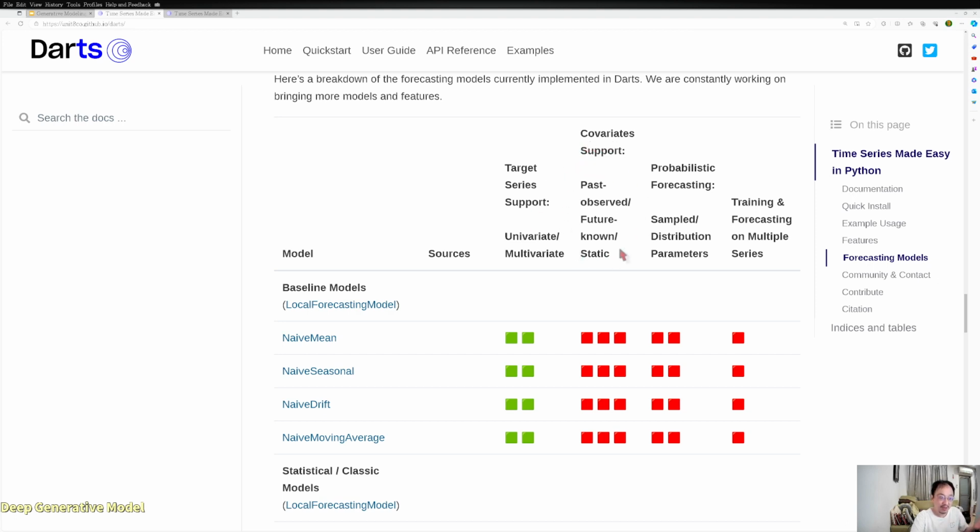Because if you don't know these kinds of things, all you know is input and output, and maybe the only time series you can imagine is the univariate time series. And when people talk about these kinds of things, you have no idea what they are talking about. So I think this one serves as a really good example of some possible considerations.